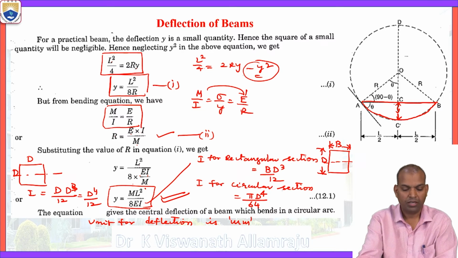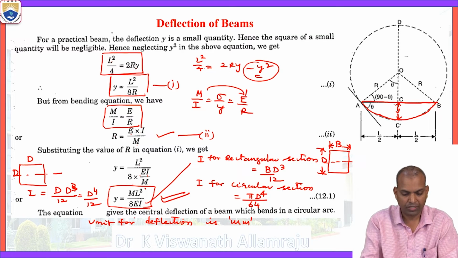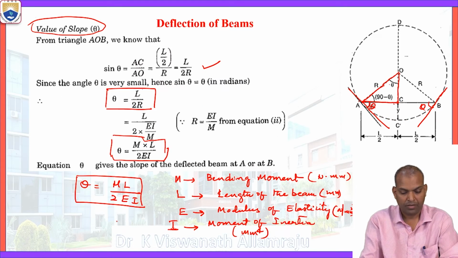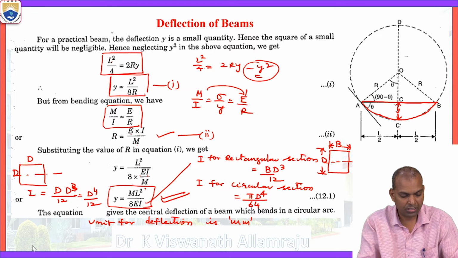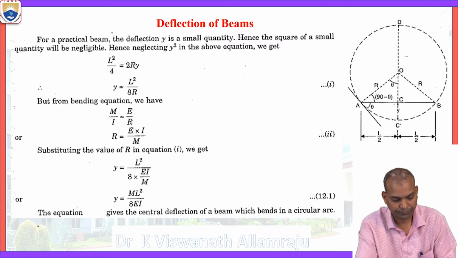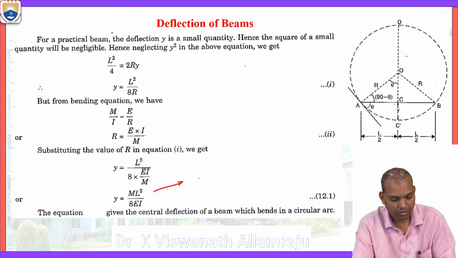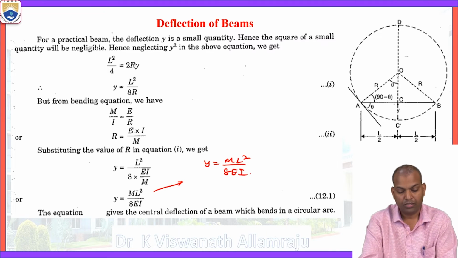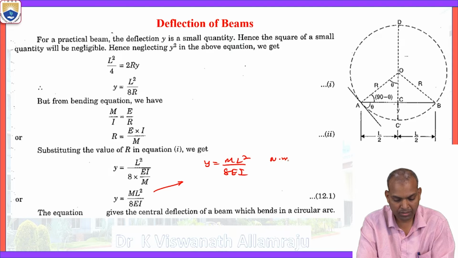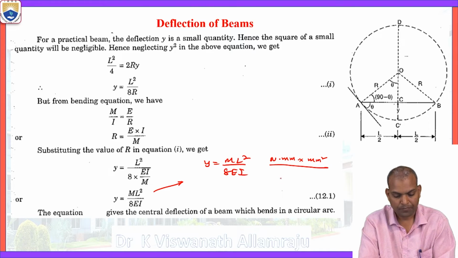Let me derive the deflection unit from this equation, y equal to M L square by 8 E I. The unit for M is Newton millimeters and L square is millimeter square. In 8 E I, E is Newton per square millimeter, I is millimeter to the power 4.